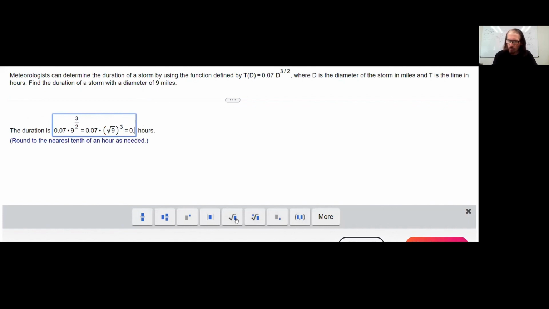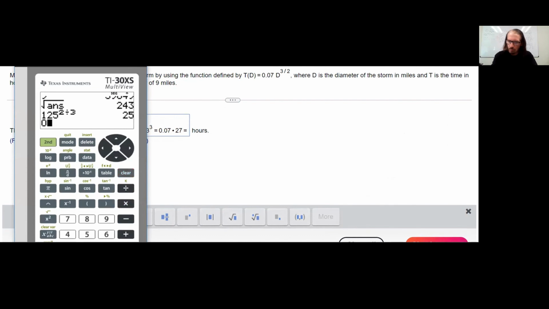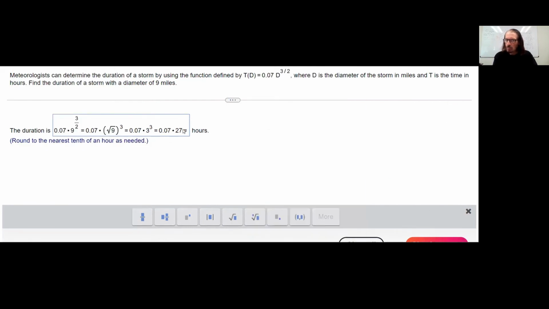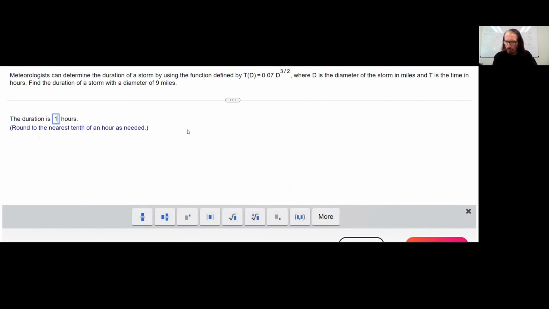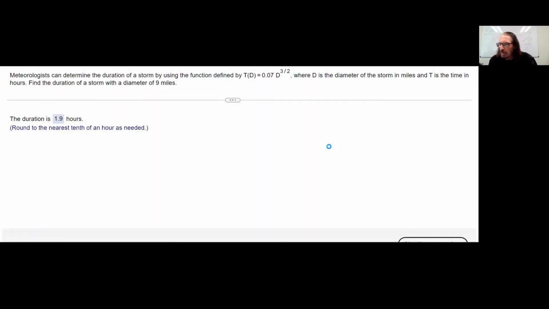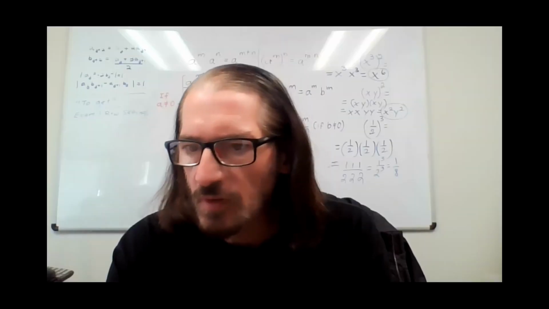So 0.07 times 3 cubed, which is 27, gives 1.89, but they want us to round to the nearest tenth of an hour. So 1.89 will simplify to 1.9. Notice I was following the order of operations there. Okay, that's all that I have on this one for now. Hope it helps, and I'll see you in class.